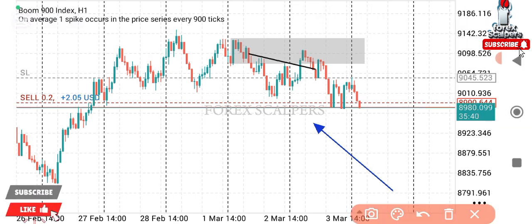If you observe carefully, this liquidity that was sitting here, price does what? Price took away this liquidity to mitigate this particular order block. And this would have been your sell entry. And from that sell entry, you would have sold all the way to this point.